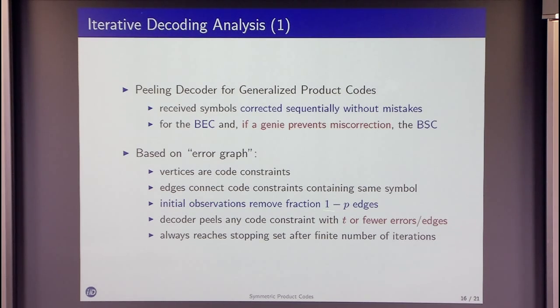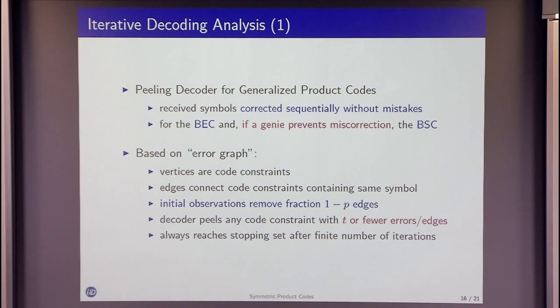And when you have the initial observations through either the erasure channel or error channel, everywhere you get it right or you observe it, you can remove that edge. There's no problem. So what you have here is you started with essentially a complete graph or maybe a complete bipartite graph. In the product code case, it's a complete bipartite graph. In the half product code, it's a complete graph.